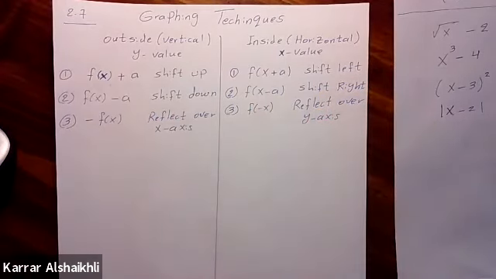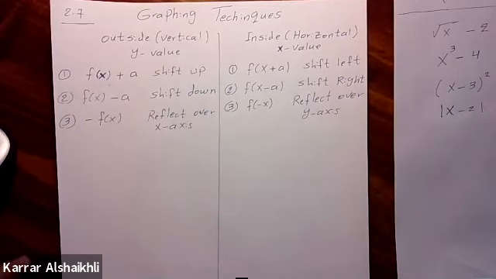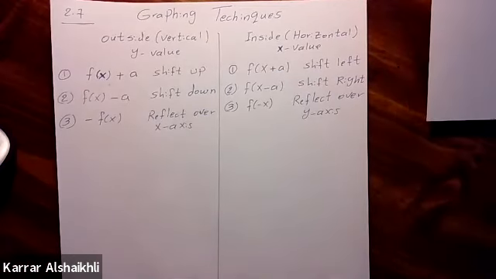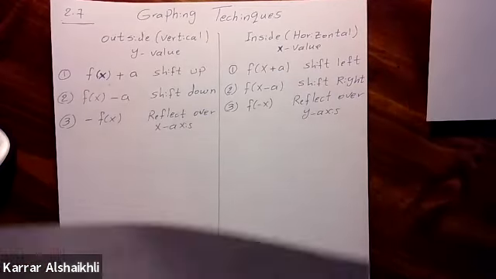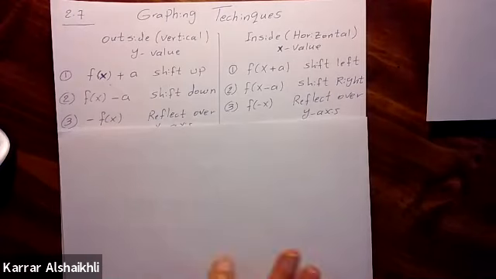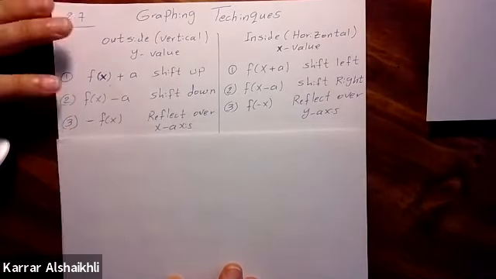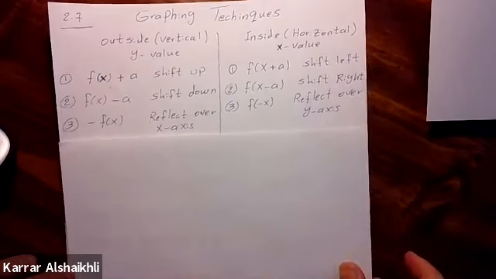Two more techniques, and we're going to get all the techniques, then we're going to do a graph, how to use the techniques on a graph. Let's do some examples about reflection, so you can understand the whole thing, how it looks.